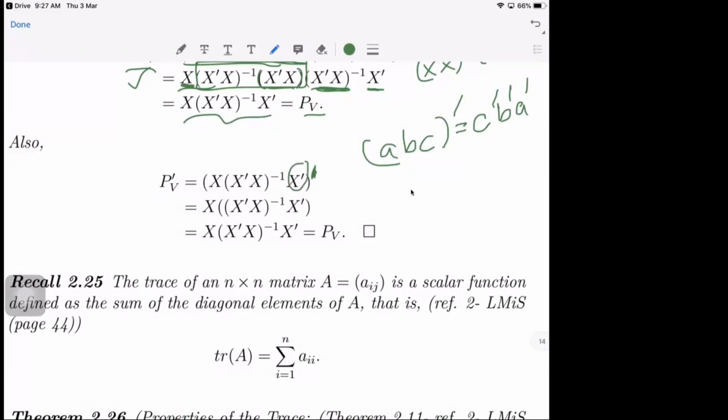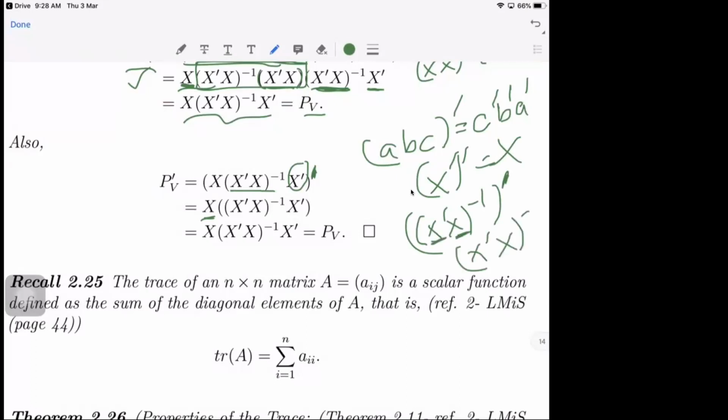So X transpose is just X. So this is X, and then X prime X inverse transpose is just equal to X prime, X prime prime is X, and then the inverse. You can put the transpose inside: if you have A inverse, get the transpose, that is just equal to A transpose, and then outside the inverse is just the same.